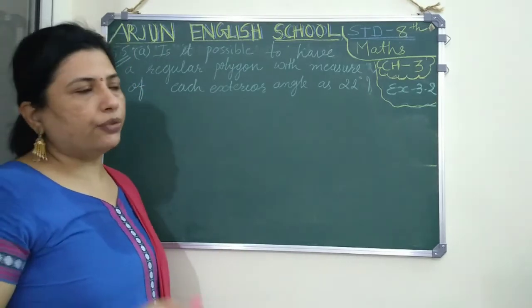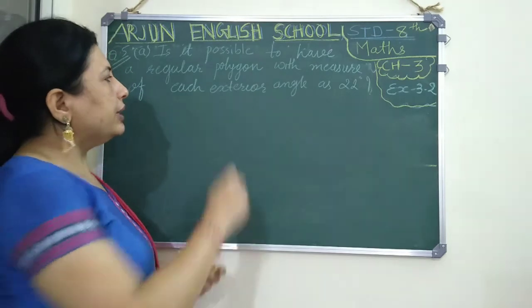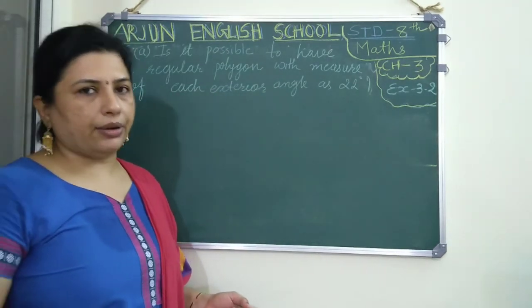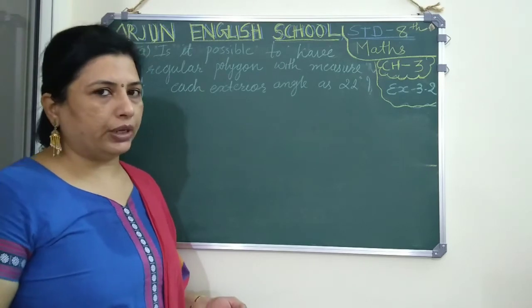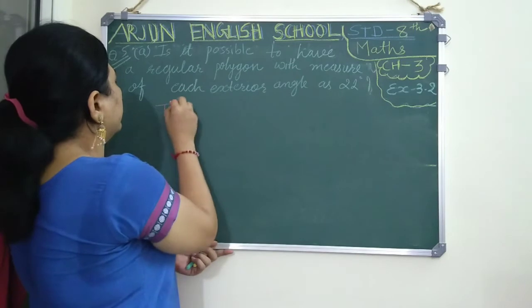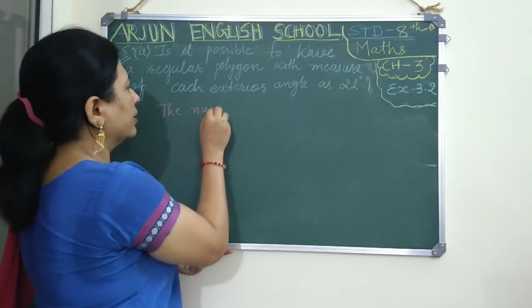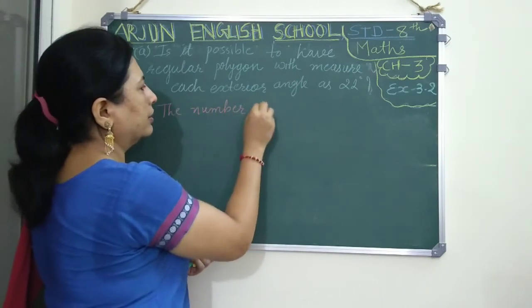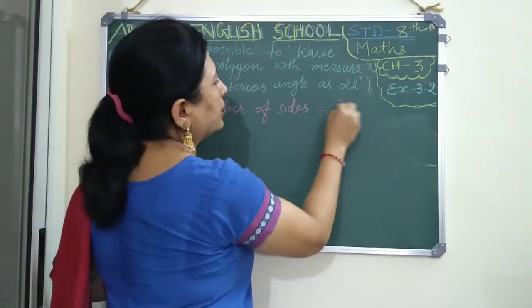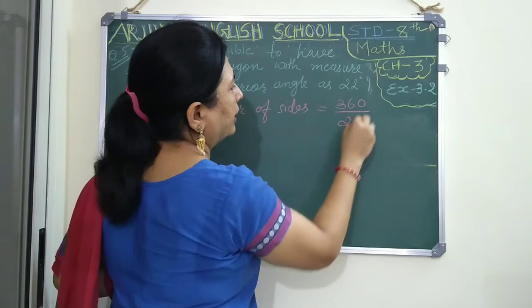For that, first of all, let us see with the help of this measure of exterior angle, can we have the sides of the polygon? Yes, we can have the number of sides equal to 360 divided by 22.